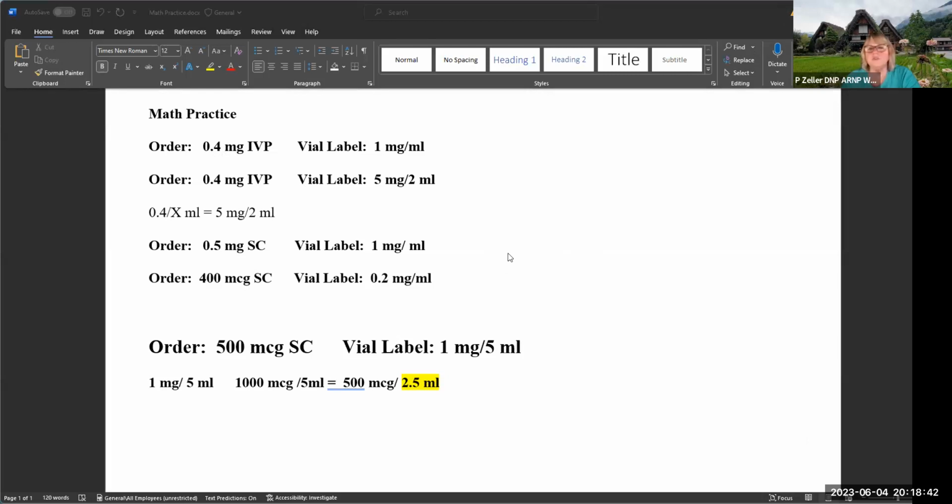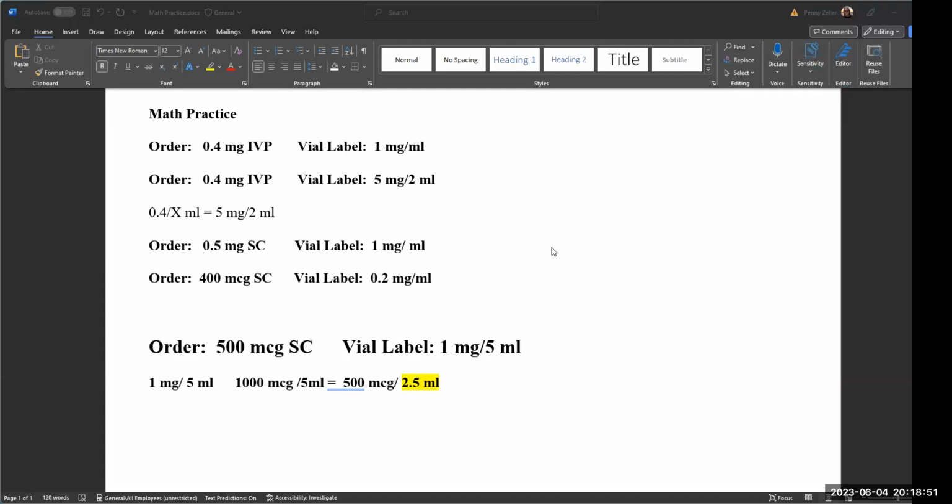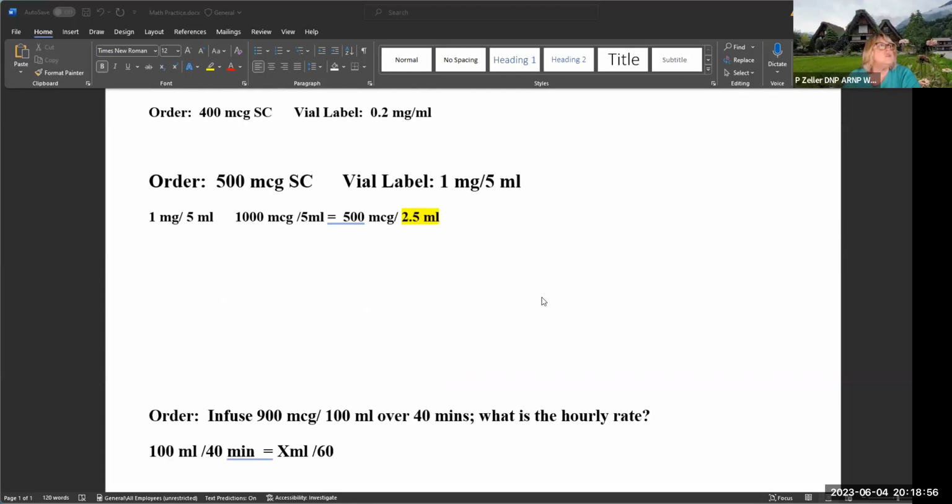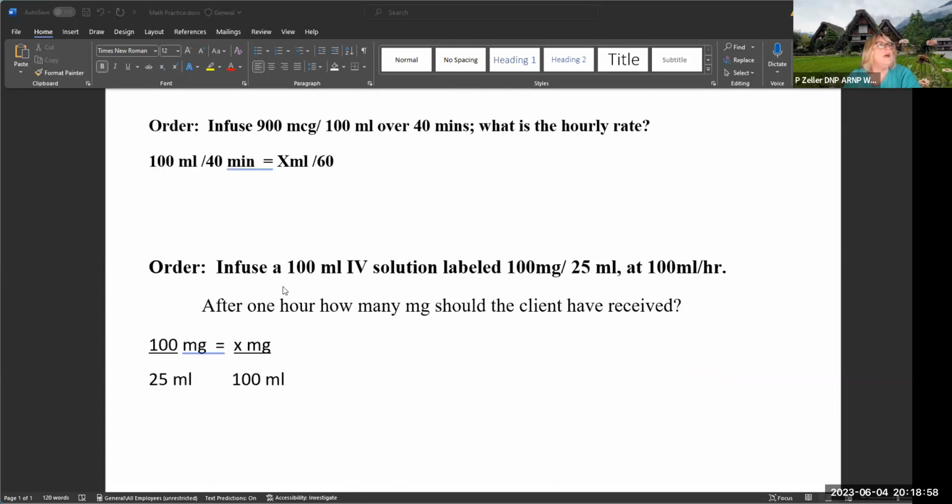If you know how to do these kinds of problems, I think most of the nursing calculations that you need to know are these kinds. And yes, we need to do solutions too. Have this problem here, it says to infuse, we changed it up a little bit, didn't we? Infuse 100 ml IV solution, and it's labeled this, and this is how much they want you to run it at, then how much would you receive?